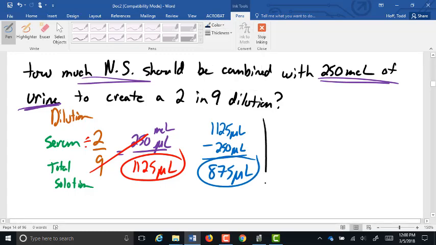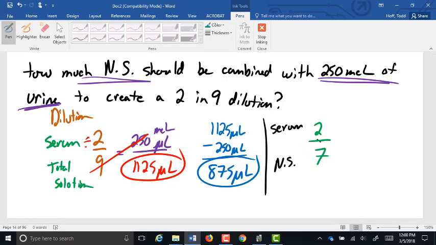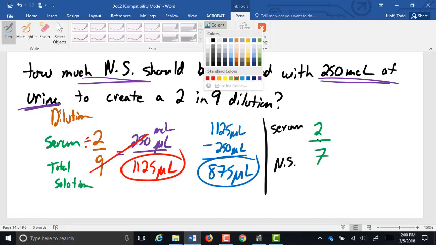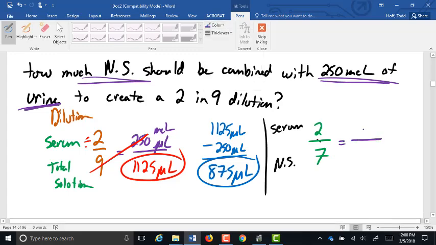Again, there's another alternative. We could have done the alternative of serum, in this case urine, to saline, which would have been 2 parts serum over 9 total parts, minus the 2 parts of serum would be 7 parts of saline. And now we can find our answer without doing the subtraction. 250 microliters of urine.